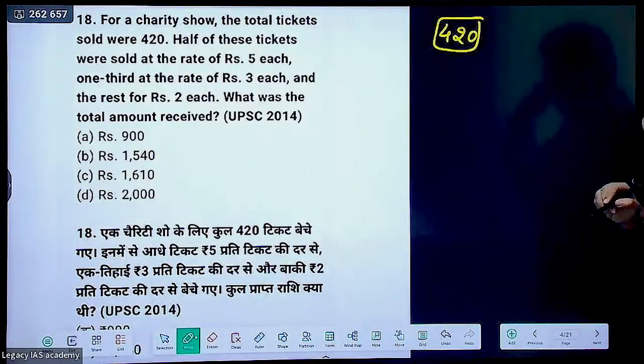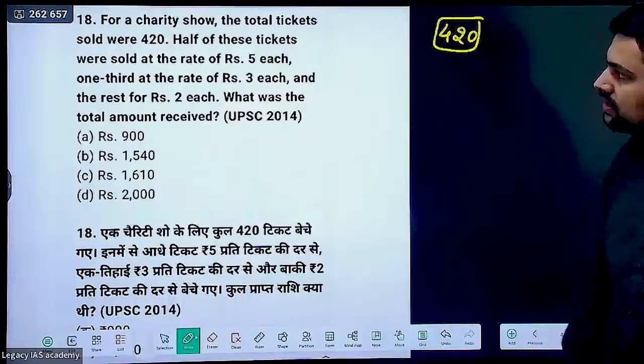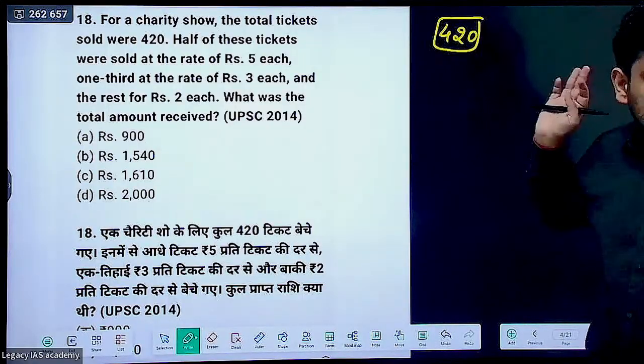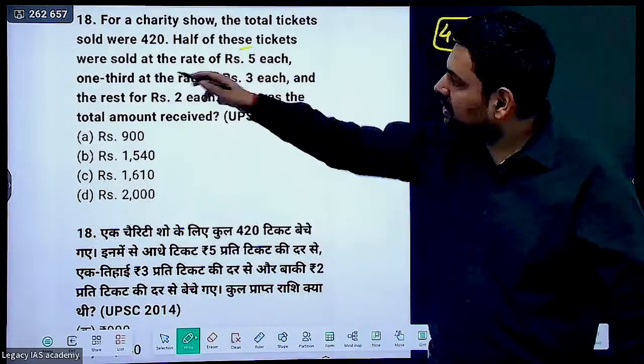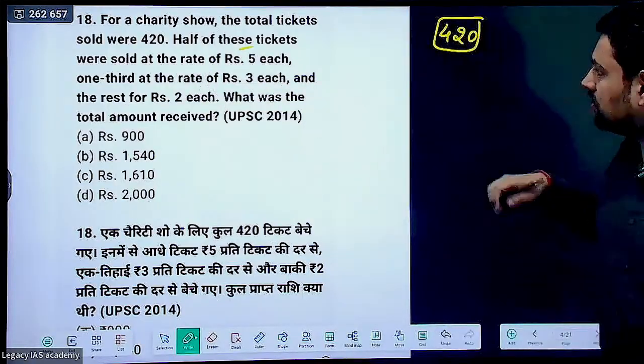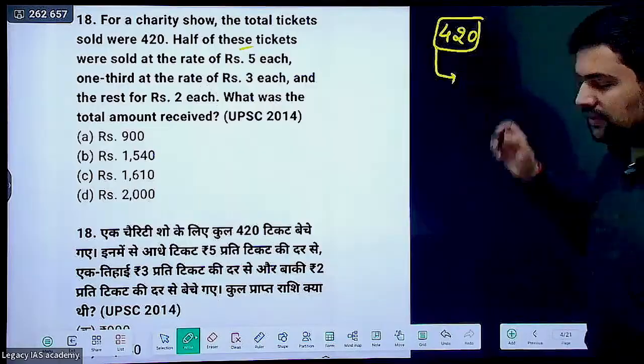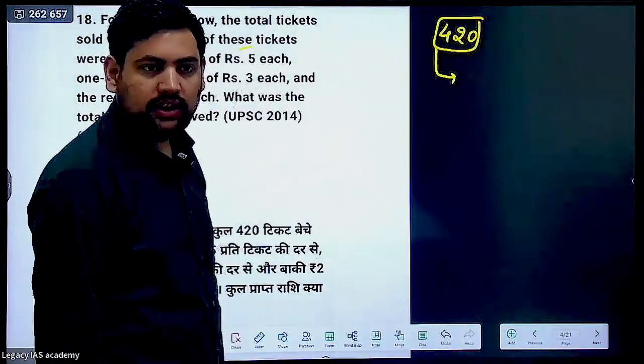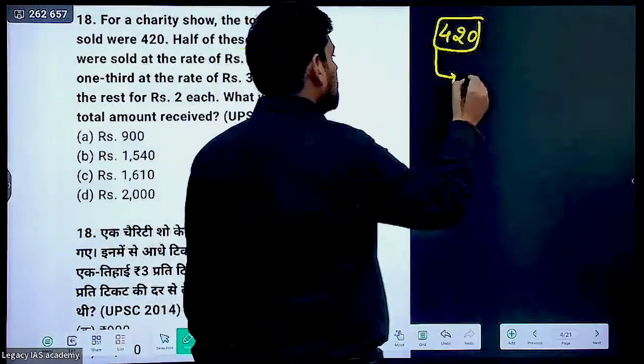See how you have to do this. It says for a charity show, the total tickets sold were 420. Now you keep dividing it according to what is given in the question. It says half of these tickets were sold at 5 rupees each. Total tickets are 420. What is half of it? 210 tickets.